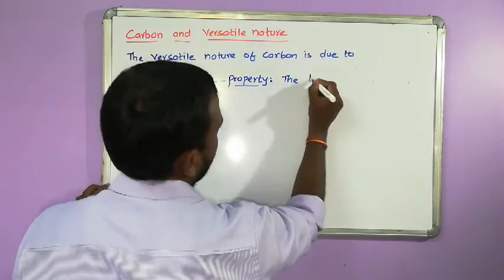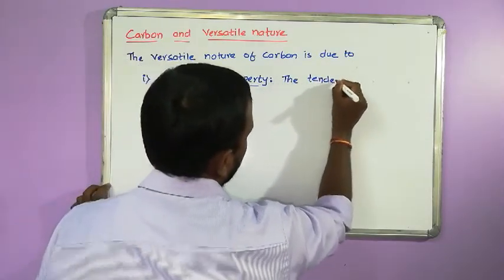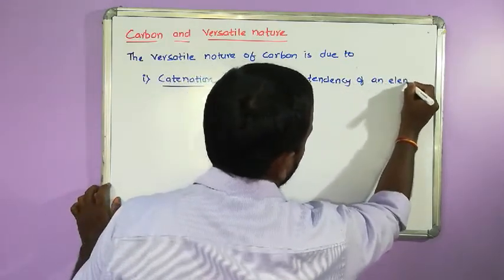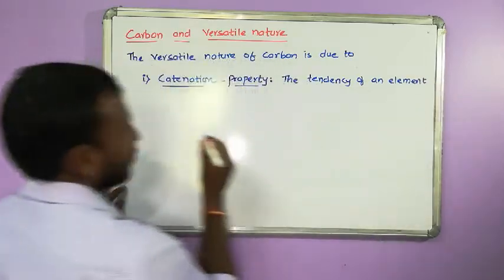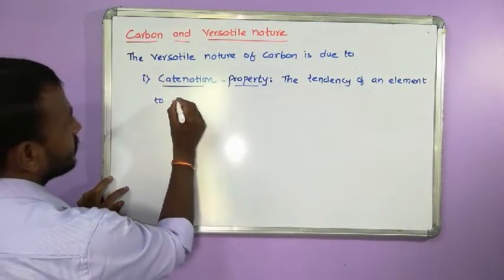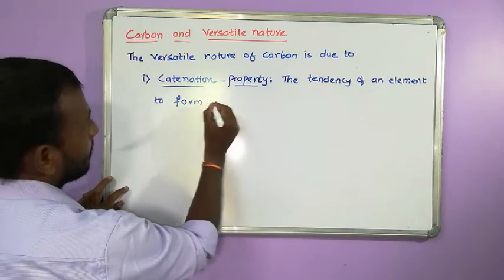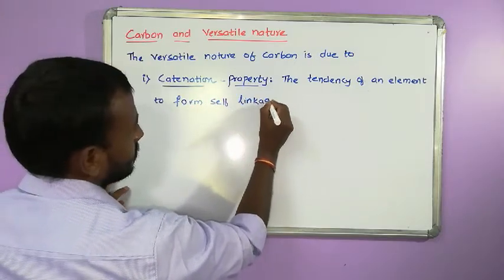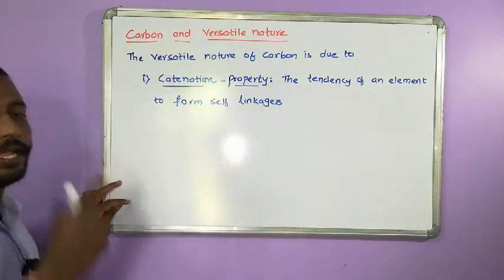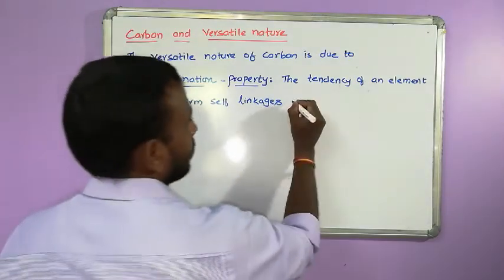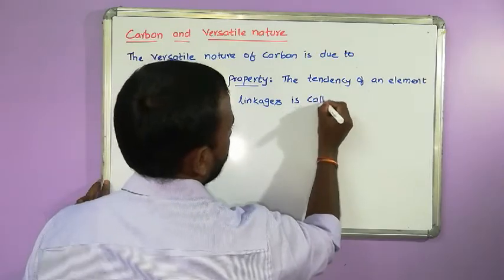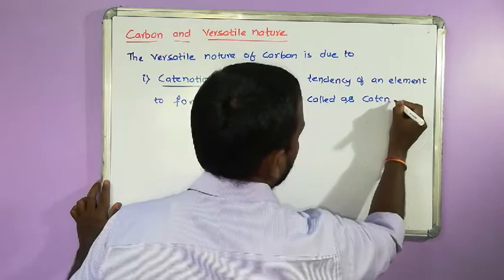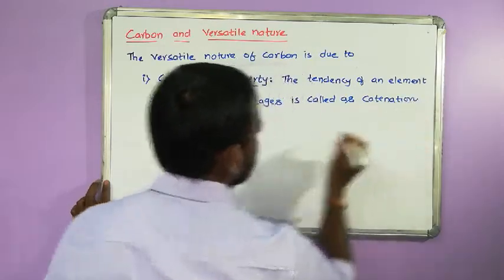The tendency of an element to form self linkages, meaning linkage with its own atoms, is called catenation property.